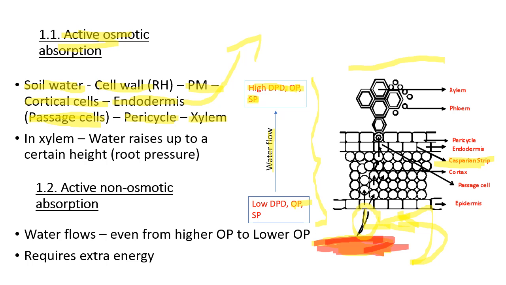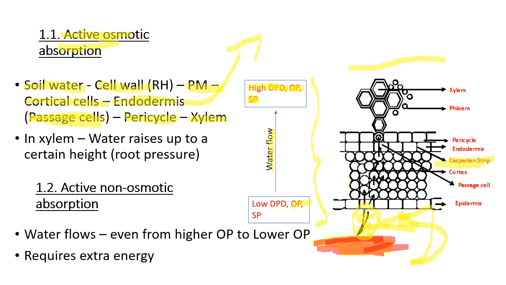Now as the water enters into the cell wall of the root hairs, the osmotic pressure, the diffusion pressure deficit and the suction pressure present in the root hairs decrease, and due to the presence of water, the root hair cells become turgid or bulged.